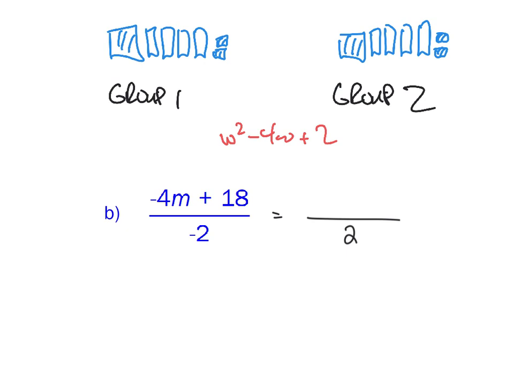So if we change the sign on the 2, we have to change the signs on both of the stuff up here. Negative 4m becomes positive 4m, and positive 18 becomes negative 18.